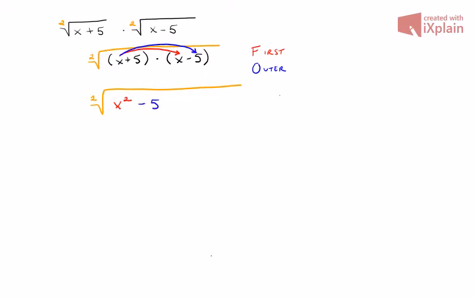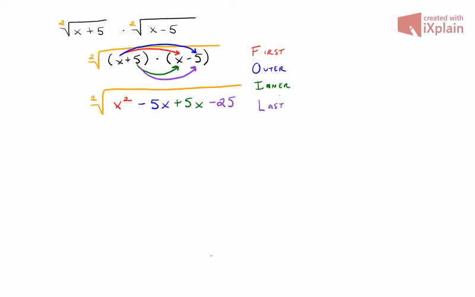That's going to give us negative 5x, times our inner, so that's going to be 5 times x, so positive 5x. And lastly, our last terms, so 5 times negative 5, which gives us negative 25.